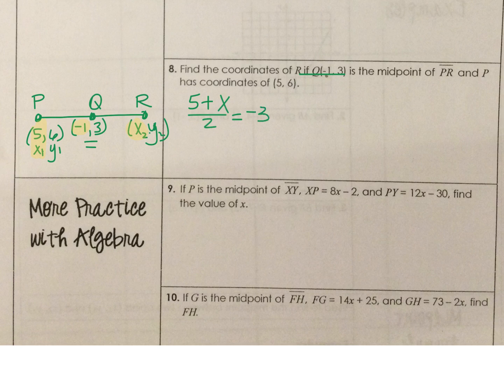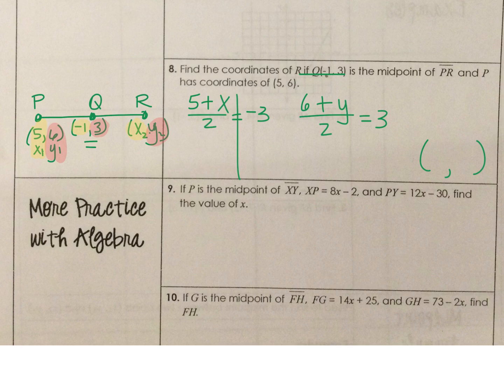You'll solve that just like we did up above, and then you'll get a second one. We'll do the y's. y1, which is a 6, plus y2, which doesn't have a number, so we just say y, divided by 2 equals, the y answer is 3. After you solve those, you'll put your answer in a coordinate form.